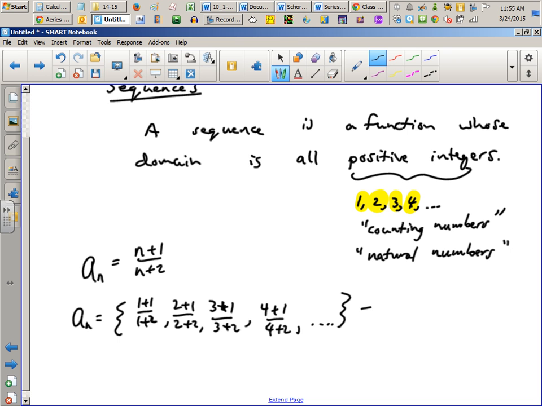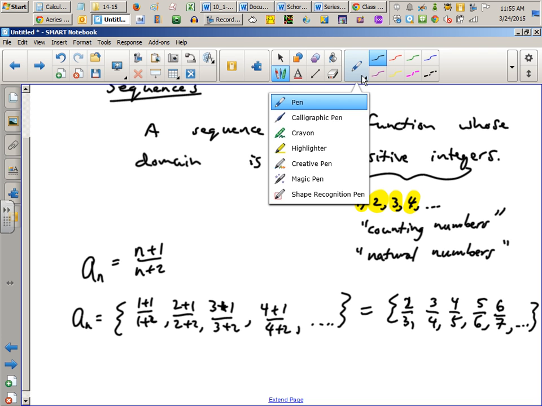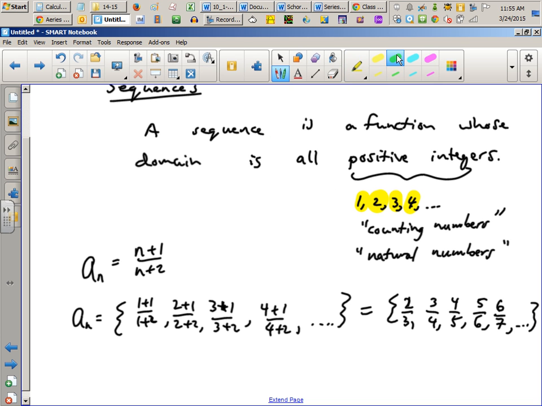So this just basically comes out to be 2/3, 3/4, 4/5, 5/6, 6/7, and you could probably guess the next one is 7/8, right? So kind of a nifty little pattern there. But that's the first thing you can do with a sequence. You can just sort of expand it out.